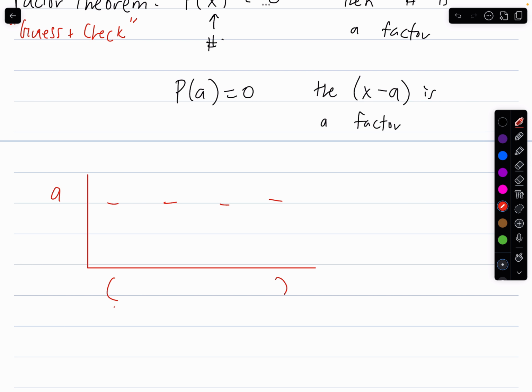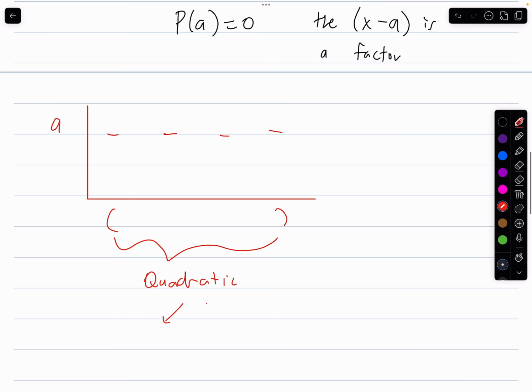This quadratic will then factor into two new factors, which will be the three factors. So the a gives us the first factor, and the synthetic division leaves a quadratic, which gets us the other two factors. That is how we factor the cubic function so we can solve for the roots after.